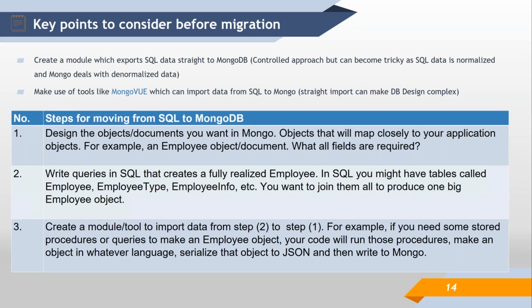But when it comes to MongoDB, we need to combine all those tables into one fully realized employee object or document that we can export as it is into MongoDB. That will help us decrease the complexity.